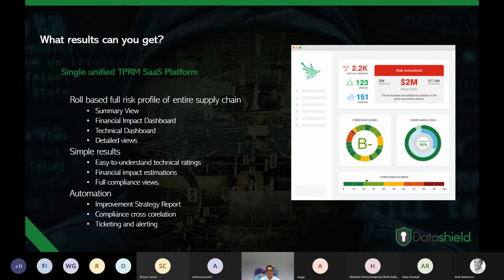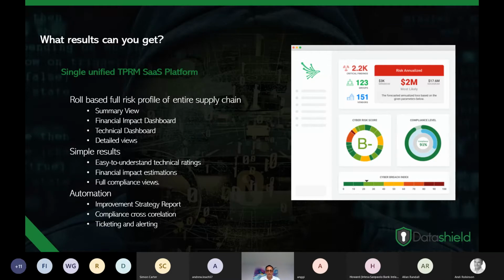So it will cross-correlate and show the improvement in those areas. So rather than asking suppliers to fill in questionnaires, you can ask them to send you their ISO 27001 information, maybe import their PCI DSS gap analysis, and it will dynamically alter their compliance scores to show you a true representation of how compliant they are as a business.